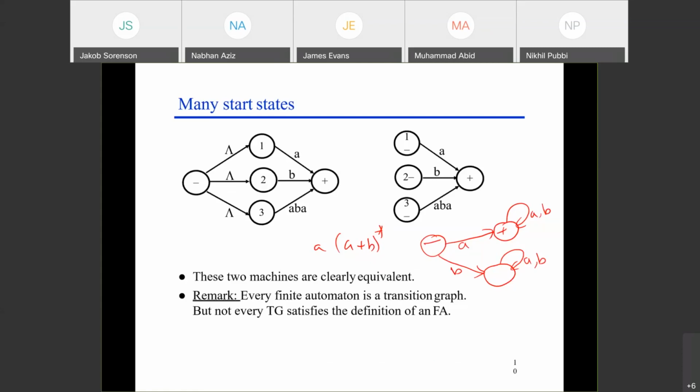Very nice. Riley, I am very happy that you guys are listening and participating. Now this is your valid FA. My question is, can I say that this is a valid TG also? Any one of you?